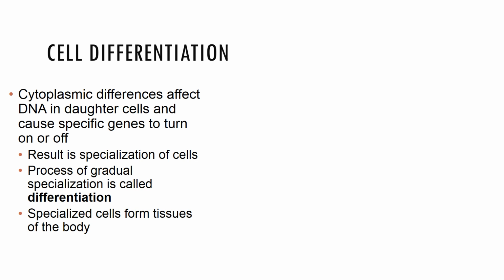This process of gradual specialization is called differentiation. And it's this process that produces the specialized cells that form the tissues responsible for all of our body functions.